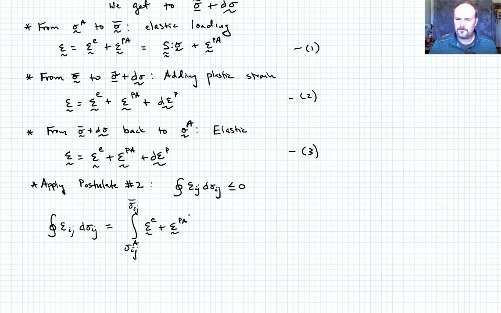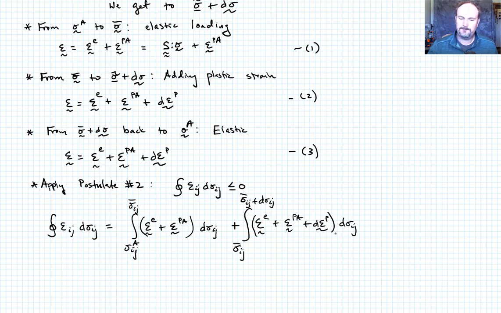Okay, that's the strain, times d sigma ij, plus the next step, which is sigma ij bar up to sigma ij bar plus d sigma ij. And that, we said, looked like epsilon elastic plus epsilon plastic plus d epsilon plastic, and that grows finally until we get to d sigma ij, right?